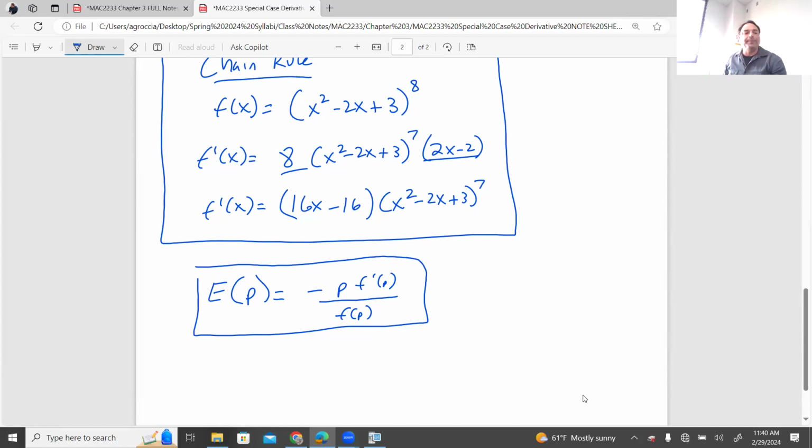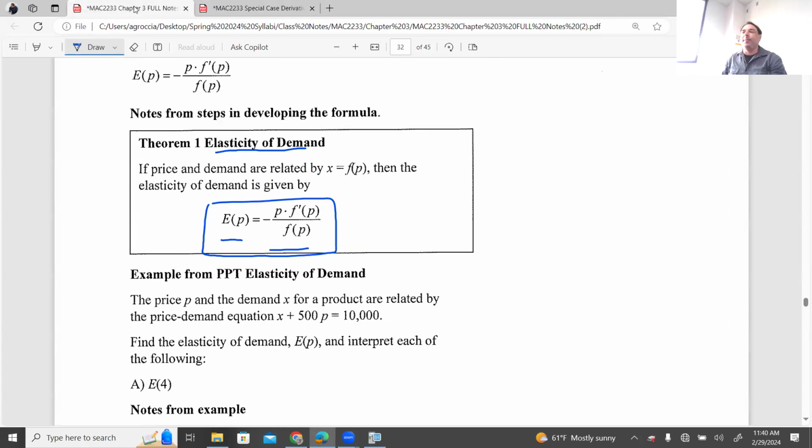You definitely need that formula. Okay, now there's a lot left to learn about elasticity. So the best thing to do is start with an example. The price P and the demand X for a product. They don't tell us what the product is, but let's say it's a phone charger.